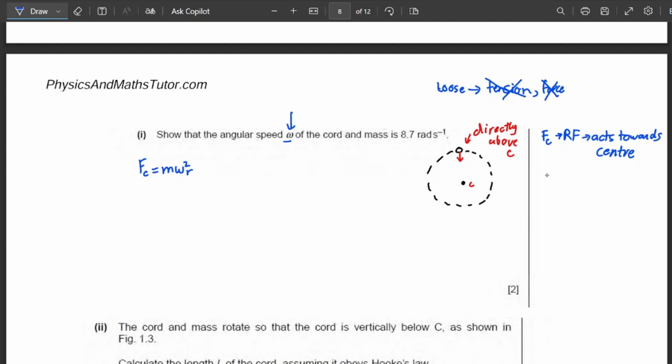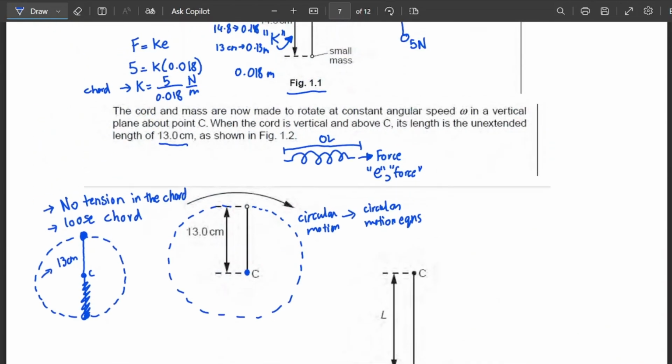So there's one resultant force, that is the weight. Resultant forces are also known as unbalanced forces. So there's one resultant force, which is the weight, and it's also pointing towards the center. So in this case, the centripetal force is basically our weight. The centripetal force is provided by the weight. So what we can do over here is substitute the weight for centripetal force, and we actually know what the weight is. The weight is 5.0 newtons. I believe that was the weight given to us in the problem.